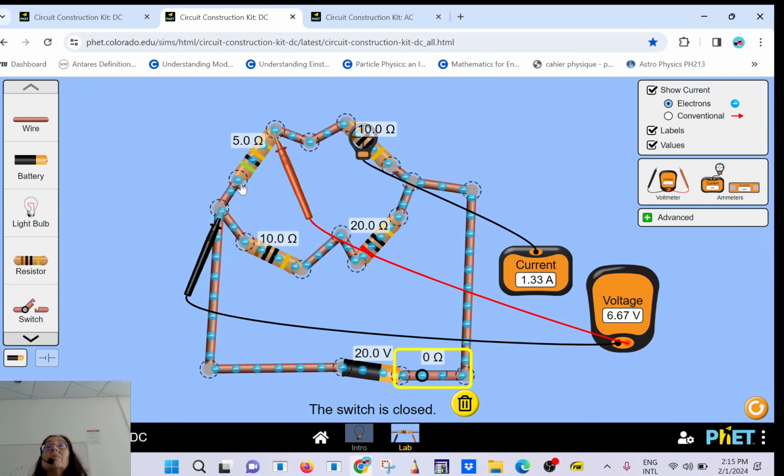So the power will be what? What's the voltage? 2.5 times 0.5. That's what you say? Okay, so what's going to be it?